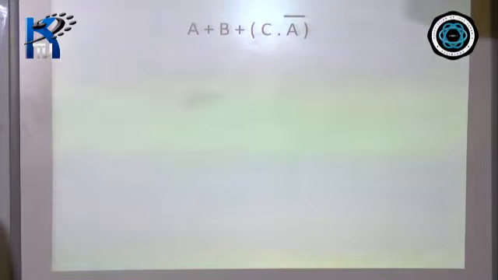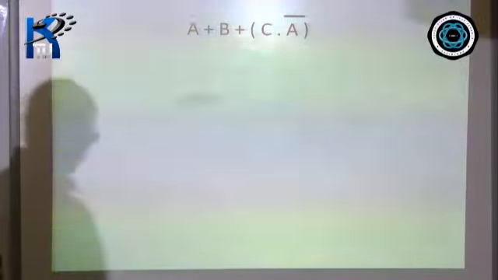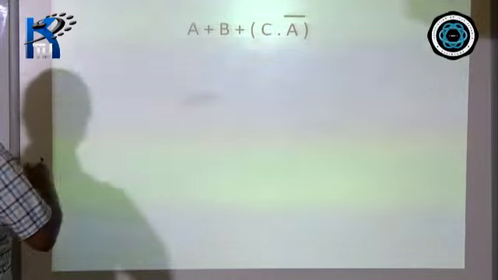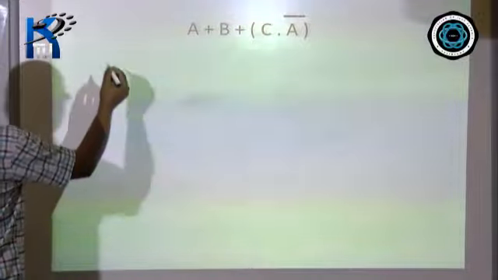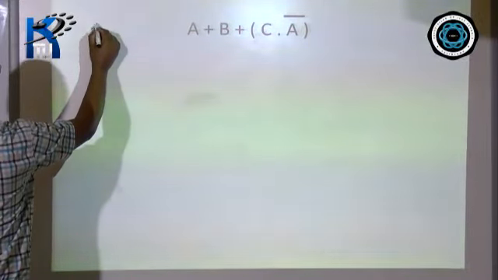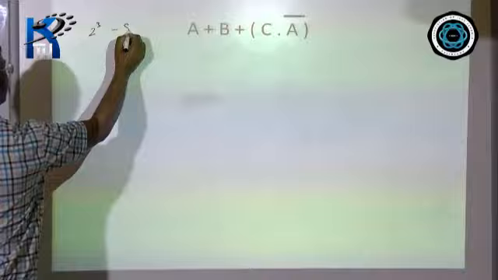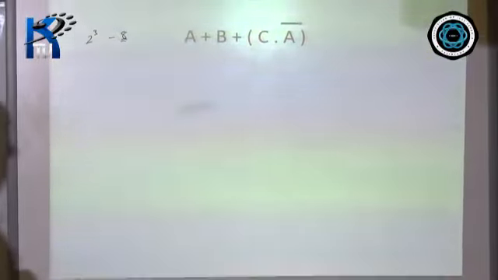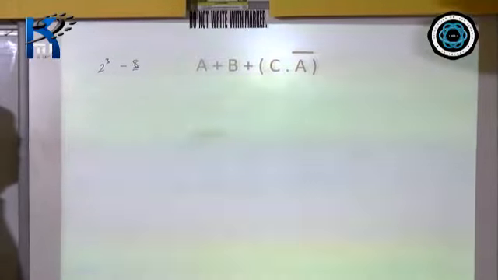So if you look at this expression, we have got three Boolean literals, A, B and C. So when we speak of three literals, the number of combinations will be 2 to the power 3, that is 8. So 8 combinations we require in the truth table. Fine? So let's proceed.